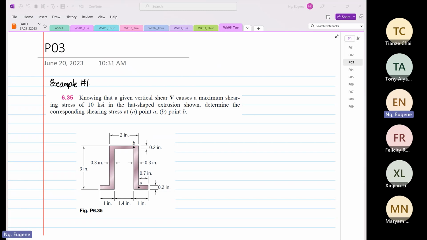Let me see, are we on chapter 6? Yes, we are on chapter 6. And this example that I'm going to do, if I open up the book, I hope it's there. Or it's not there. Go on.